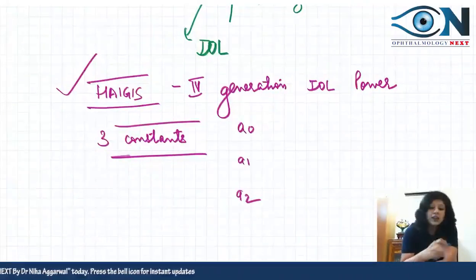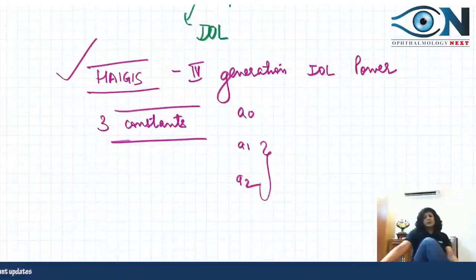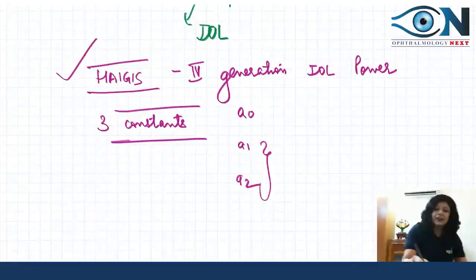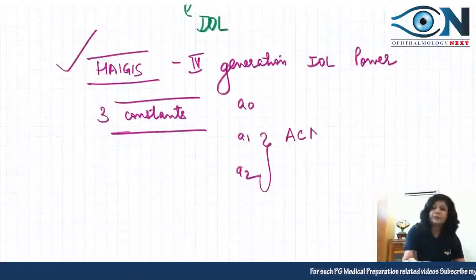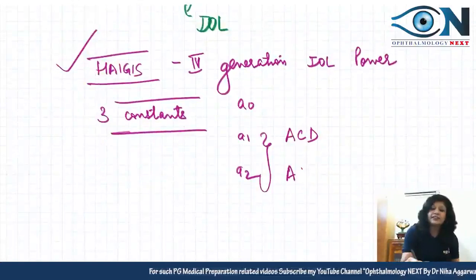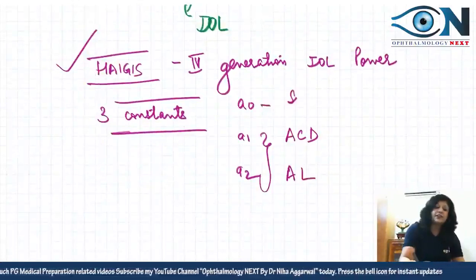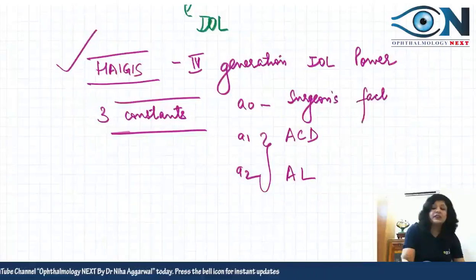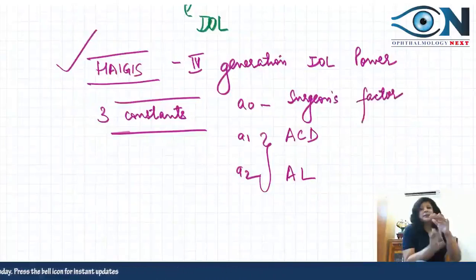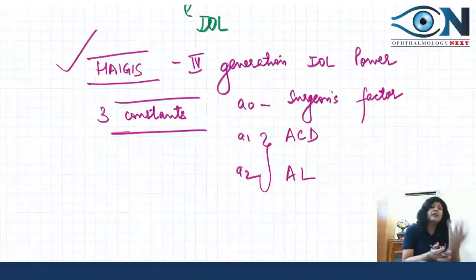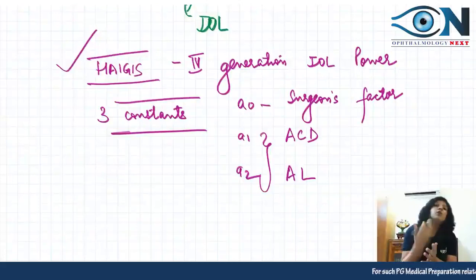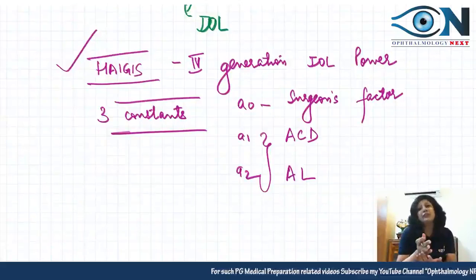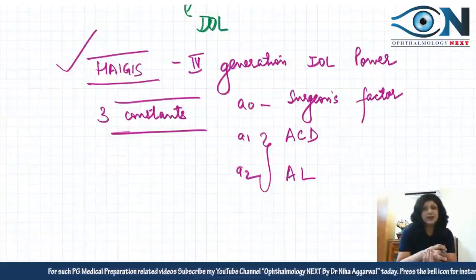You already know these: the anterior chamber depth, then the axial length, and the surgeon's factor. Surgeon's factor means the things that depend upon the surgeon, what kind of surgery, the degree of astigmatism, what is the IOL that has to be used. So this is the latest one that is used for refractive surgeries.